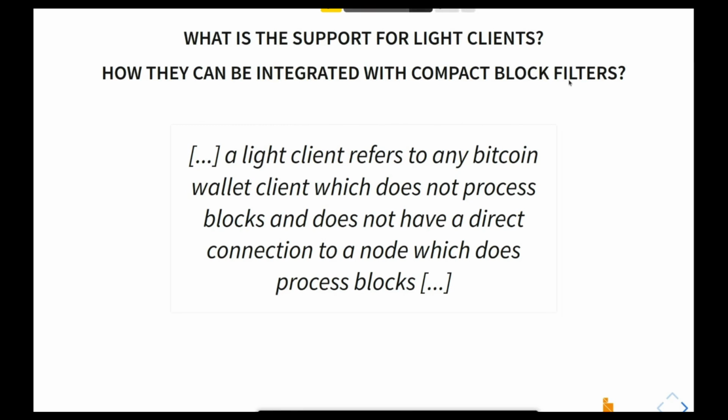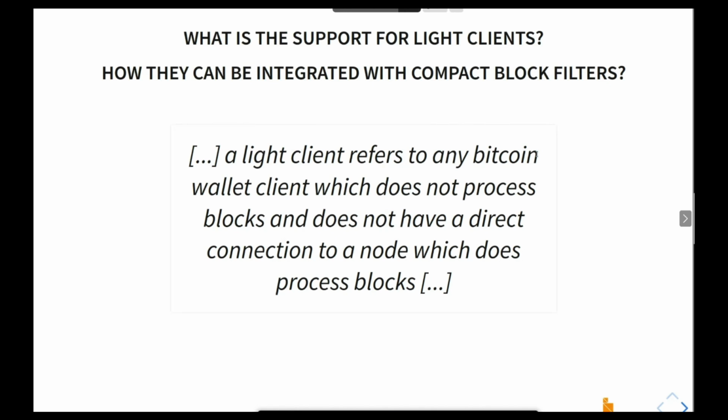So, what is the support for light clients and how can they be integrated with compact block filters? In the BIP, there is a note that says that a light client refers to any Bitcoin wallet client that does not process blocks and does not have direct access to a node.